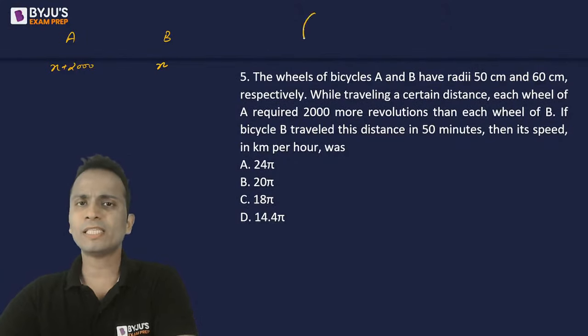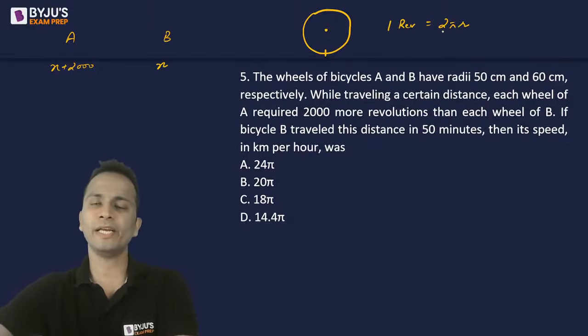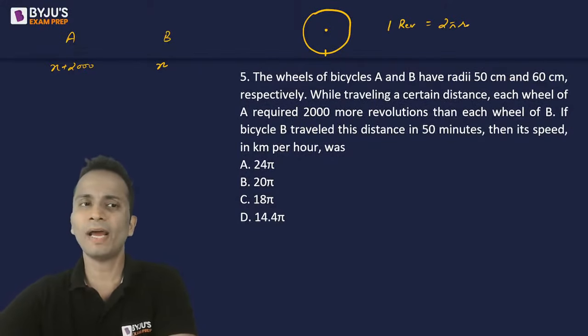Okay. Now let's say if this is the wheel of a bicycle, right? So in one revolution, the distance covered by wheel will be equal to the circumference of the wheel. That is 2 pi r, where r is the radius. So in one revolution, the wheel will cover a distance of 2 pi r.